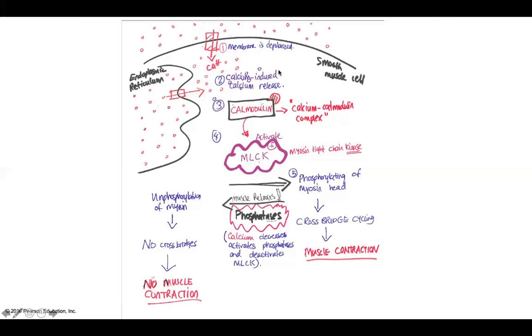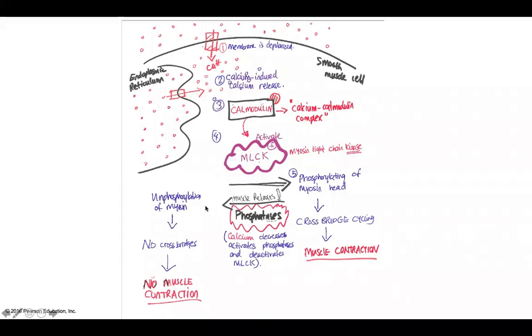All that calcium floods the sarcoplasm, binds to calmodulin, and creates the calcium-calmodulin complex. The calcium-calmodulin complex will then activate MLCK. So it's going to turn MLCK on, and MLCK can phosphorylate the myosin head. Now, moving in the backward direction, we've got phosphatases. Phosphatases are basically covalent regulation of this enzyme.